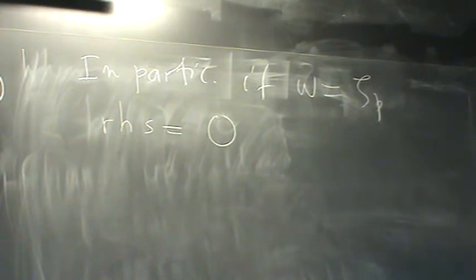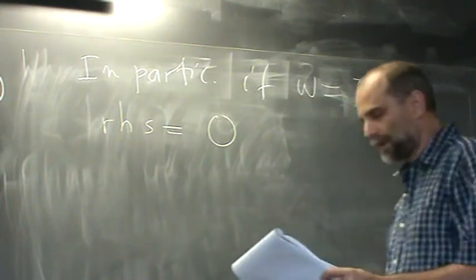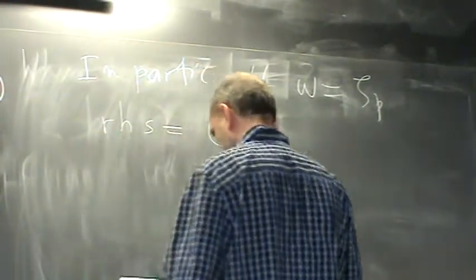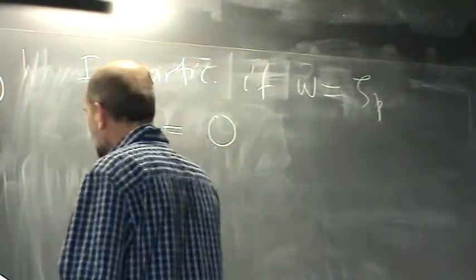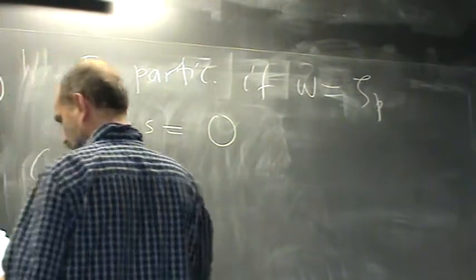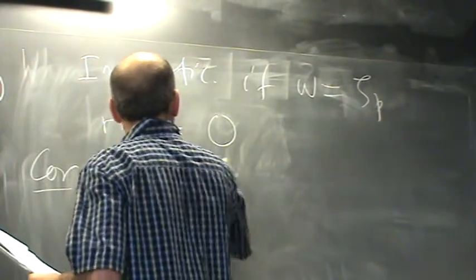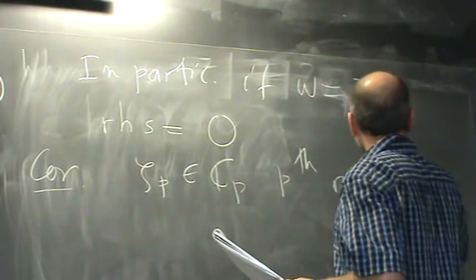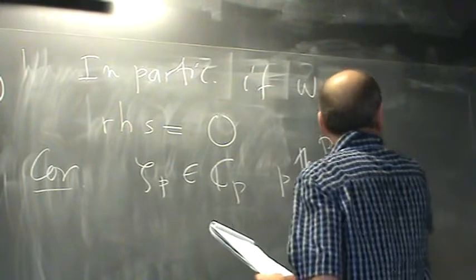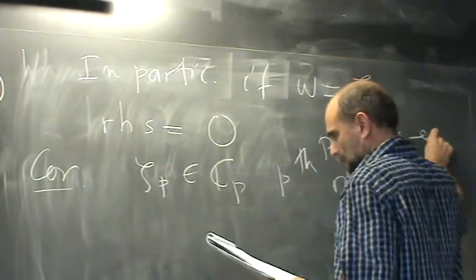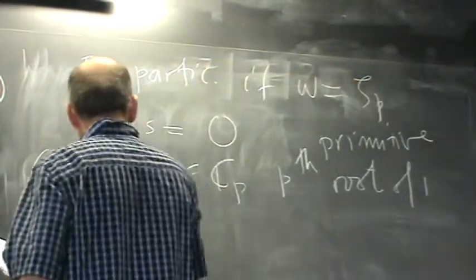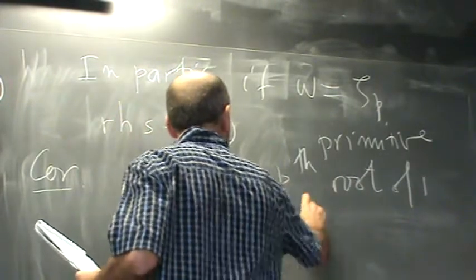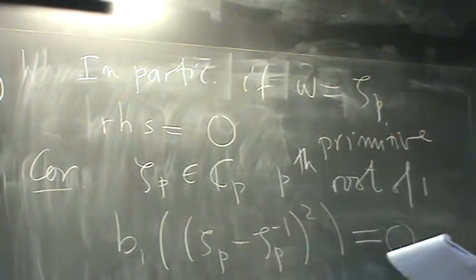All right, so that shows that now we can specialize that statement that I made a little more precisely. So as a corollary of this, we take zeta p in Cp to be a primitive p-th root of unity. Then V1 of (zeta p minus zeta p inverse) squared is equal to 0.